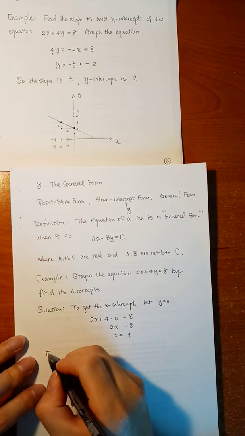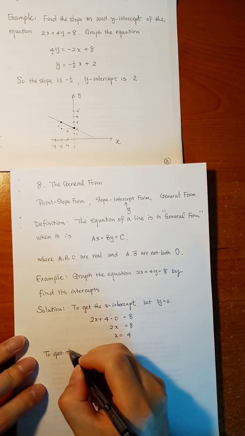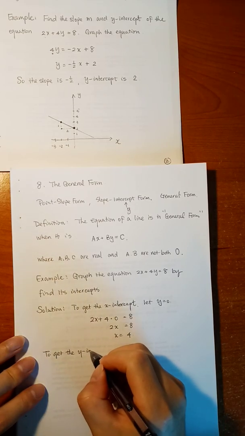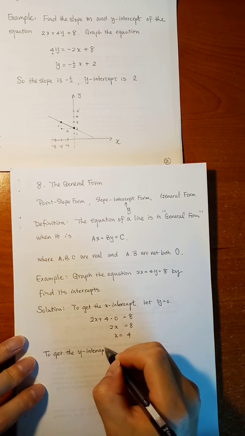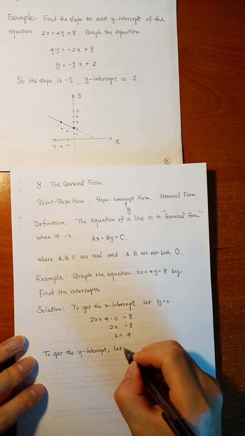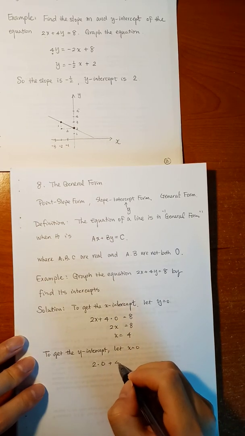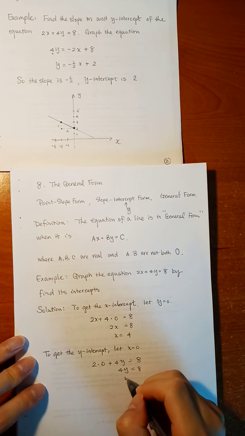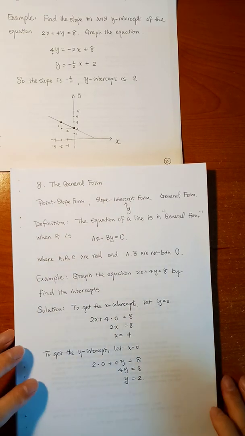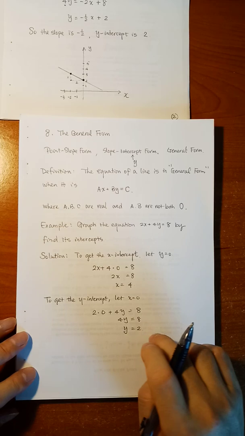To get the y-intercept, let x be 0. So 2 times 0 plus 4 times y equal to 8. 4y is 8 and y is 2. So that's the y-intercept.